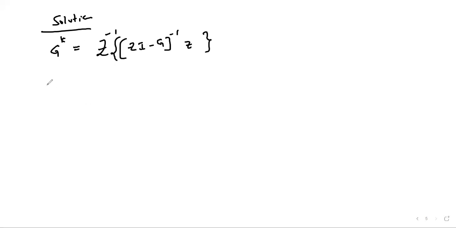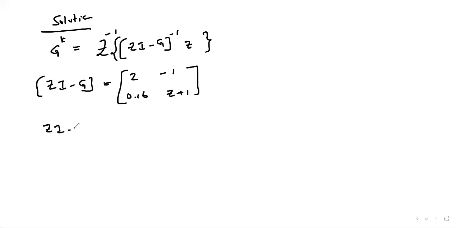So we first determine zI - G, which will be obtained as follows. zI - G will give us [z, -1; 0.16, z+1].